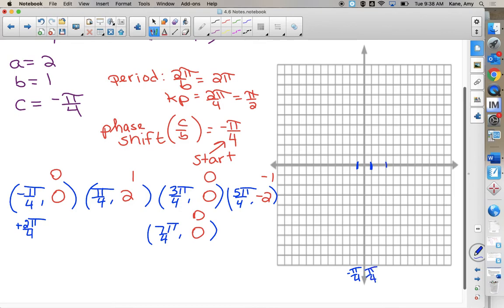So 2 pi over 3, yeah. But however you want it. If you want to go over 2 boxes, that's fine. You can draw extras.